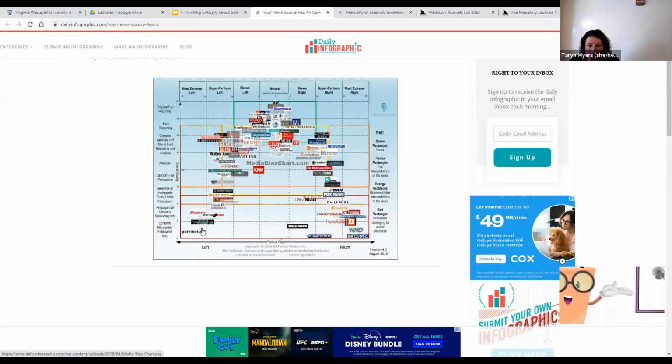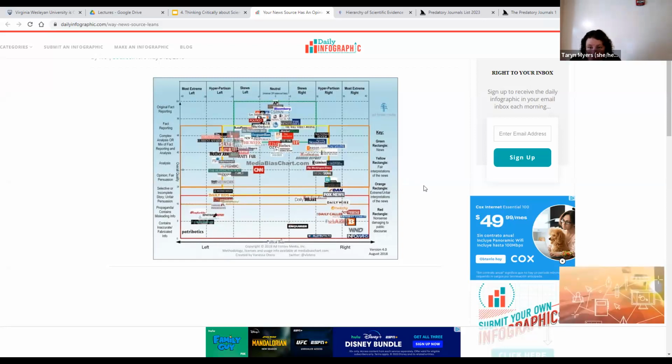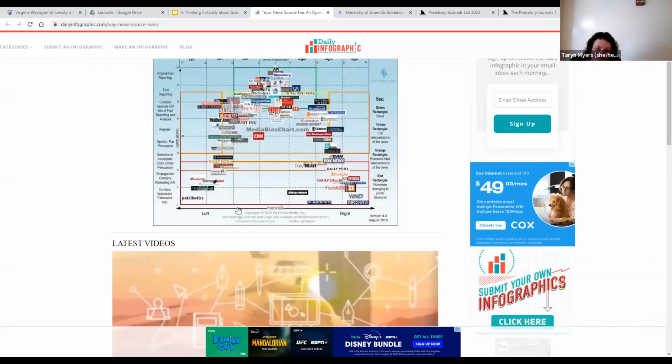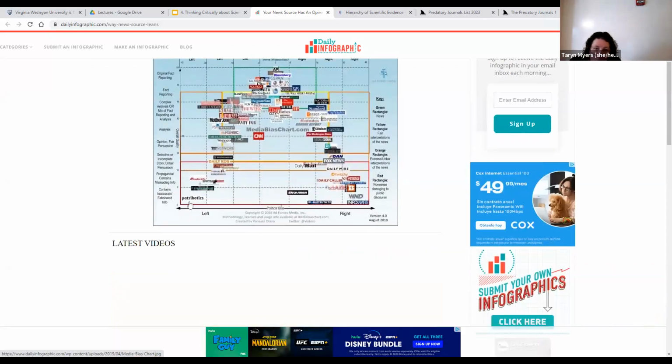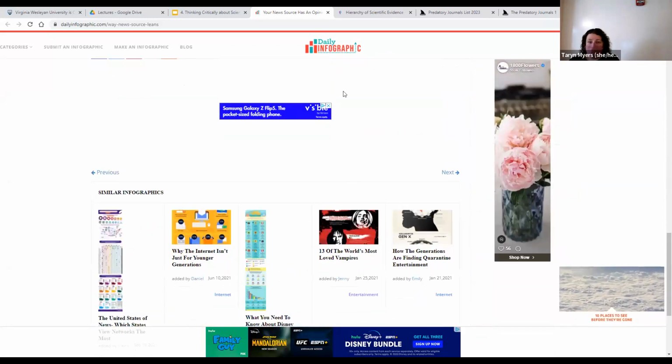And then the red rectangle is nonsense that is damaging to public discourse. And again, that's things like Patriotic, which I had never heard of before, right? There are things out there on both sides of the spectrum.